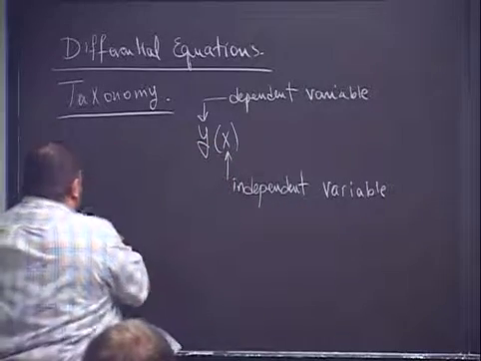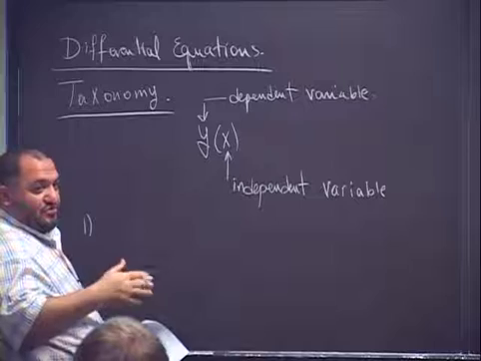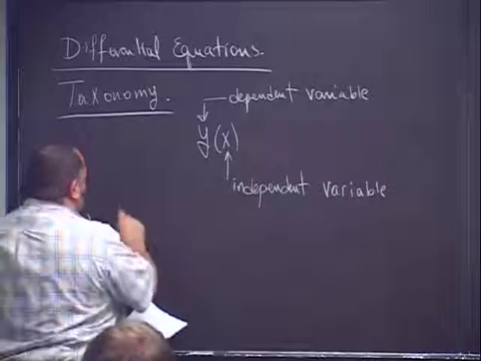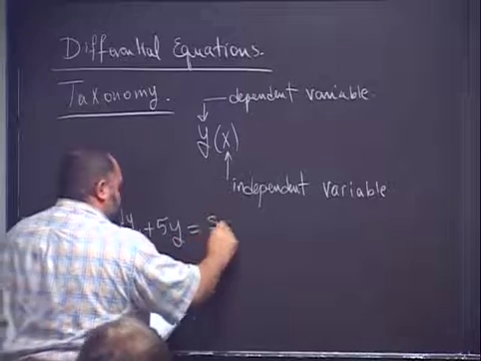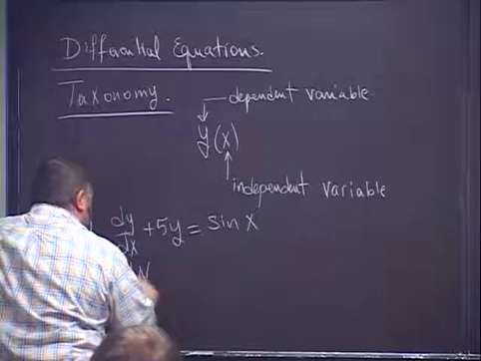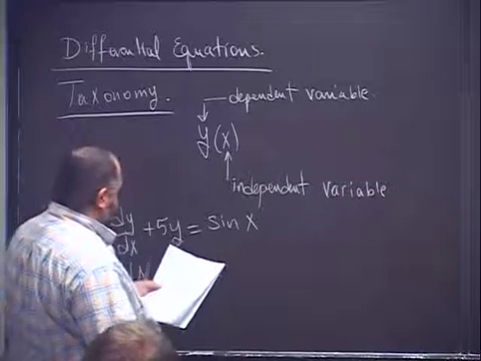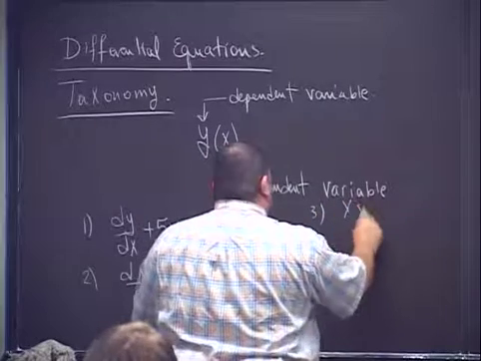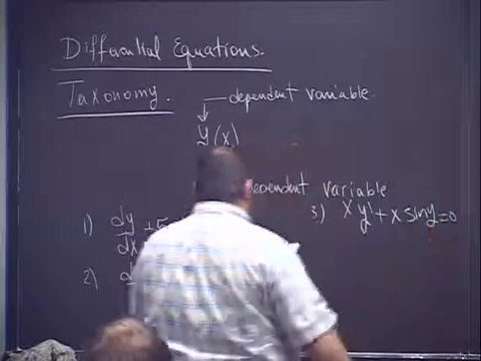So I will give you a bunch of differential equations. Then we will give the definition for differential equations and see which ones fall into this category. Number 1: dy by dx plus 5y is equal to sine x. Number 2: the well-known formula for radioactive decay, dN by dt is equal to negative lambda N. Number 3: xy prime plus x sine y is equal to 0.